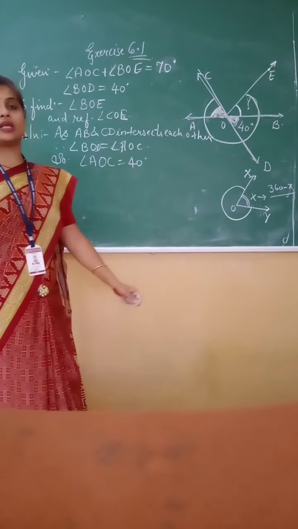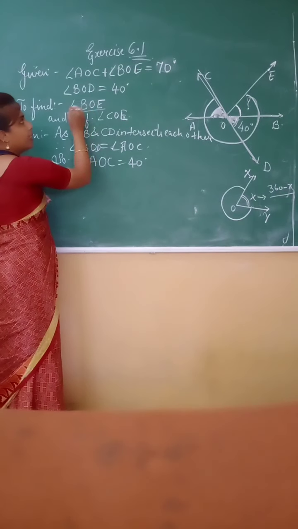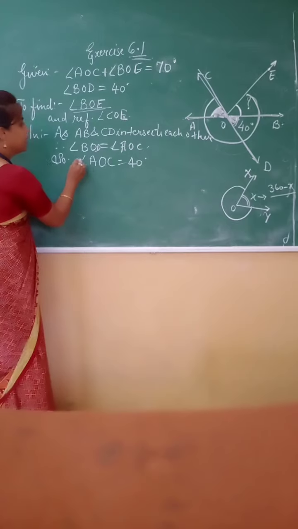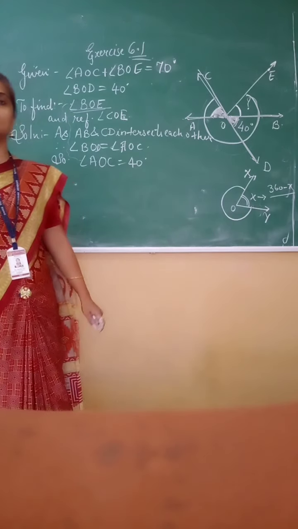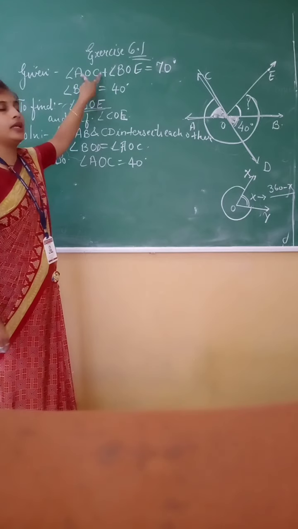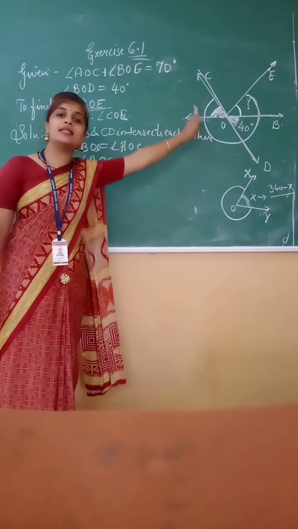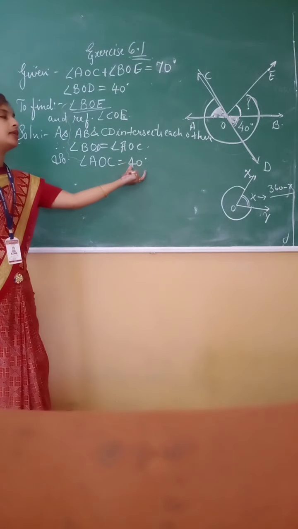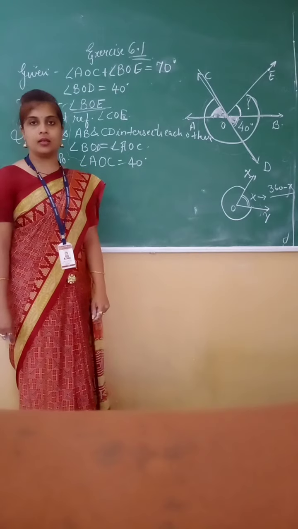After finding this measurement of angle AOC, we are here to find angle BOE. So is there any relation between AOC and BOE? Look at the question. In the question it is given that AOC and BOE, the sum of these two angles is 70 degree. उसमें से अगर एक एंगल 40 डिग्री का हो जाएगा, then what will be the measure of the next angle?